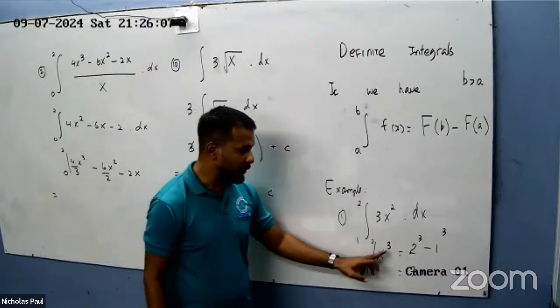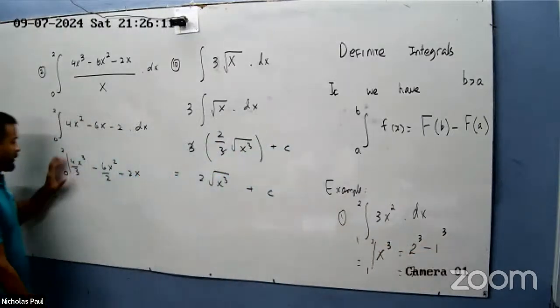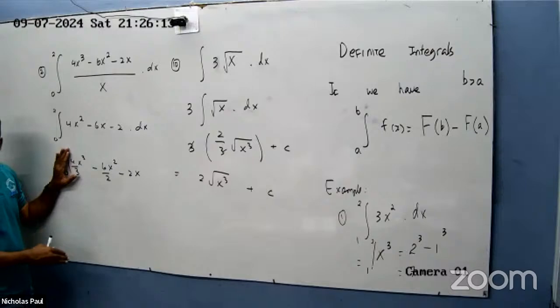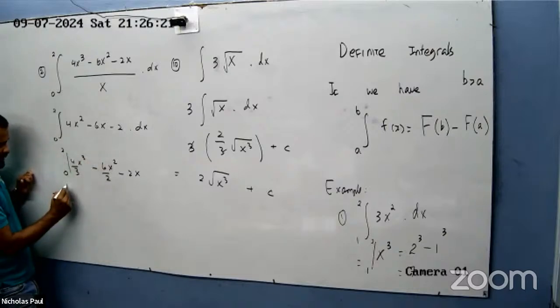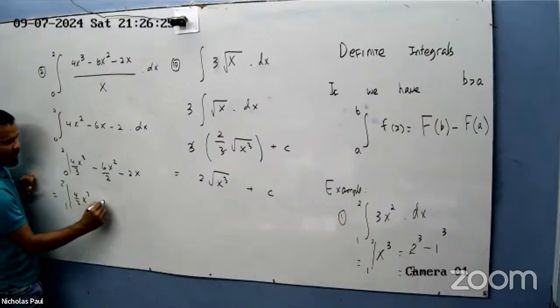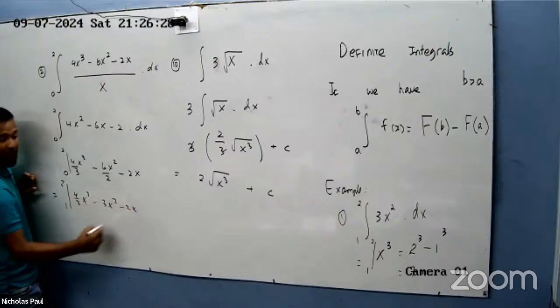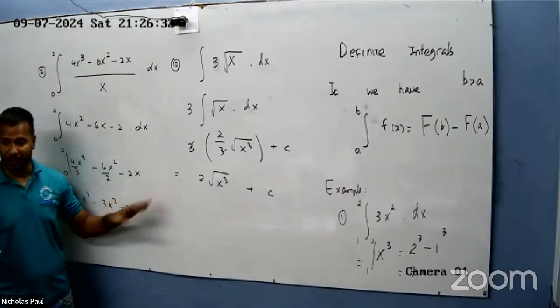So I get 2 cubed, 1 cubed. You okay with the integral step? Right. Whenever you do definite integrals, you're plugging in the values. So after I finish it, let me write it a little bit nicer. This is 4 over 3 x cubed minus 3x squared minus 2x. I am leaving out the plus C and I'm going to ask you why just now.